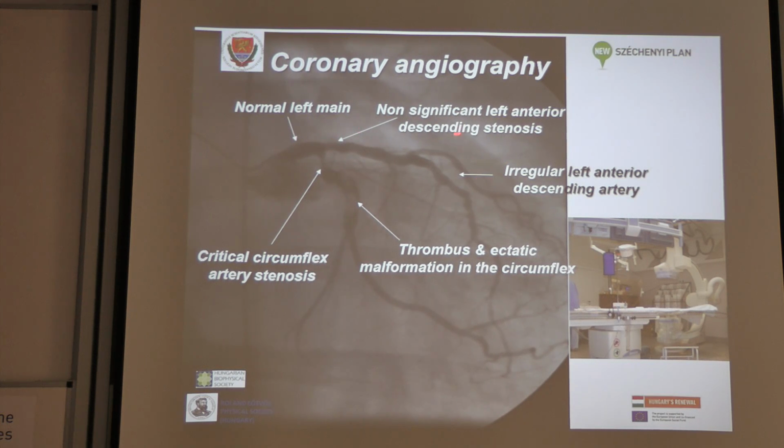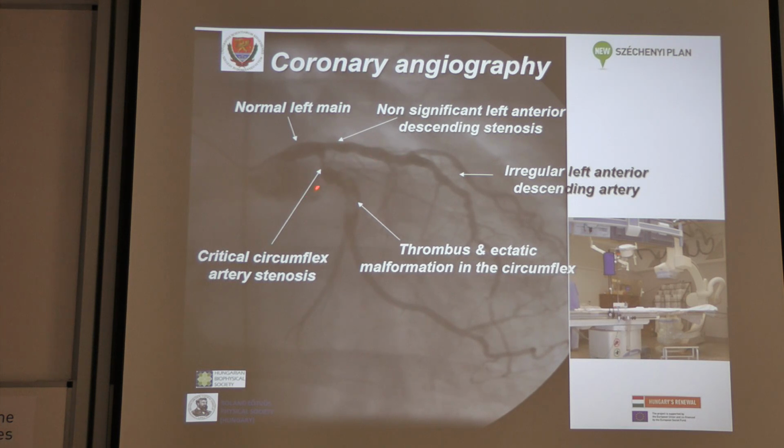By angiography, the contrast dye fills only the lumen, the inside of the remaining coronary artery, and the X-ray we use passes through the coronary artery wall without any attenuation. So we don't know anything about the underlying pathology.